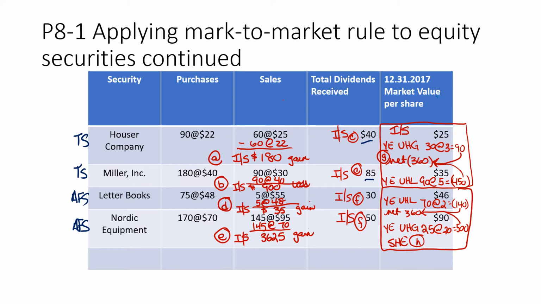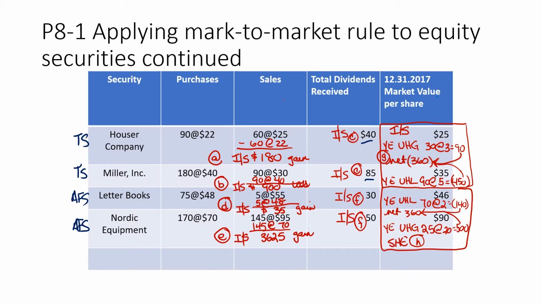We bought it at 40. It's now 35. Well, how many shares do we have left? We sold 90 of 180, so we have 90 left. 90 shares, a decline of $5 a share from 40 to 35, means we have an unrealized holding loss of $450.